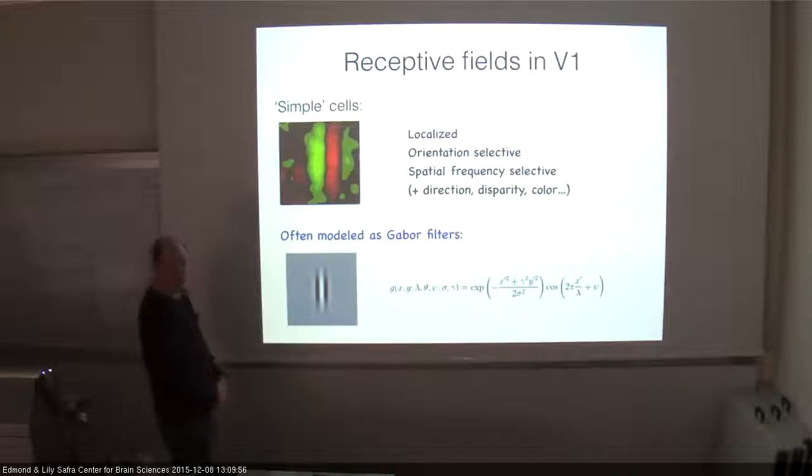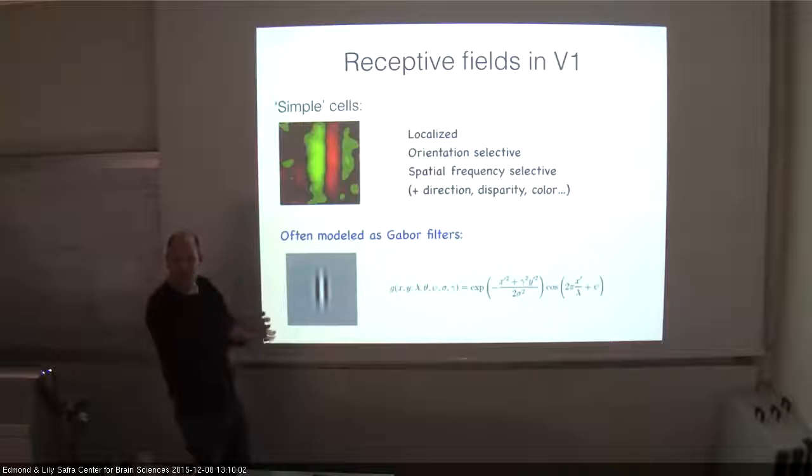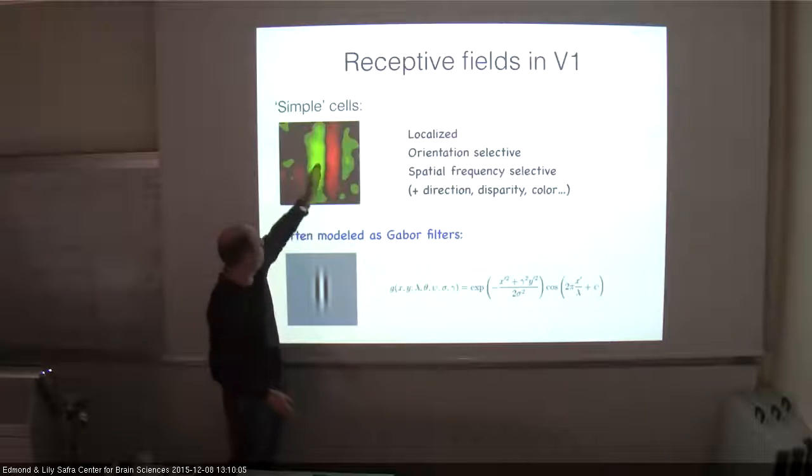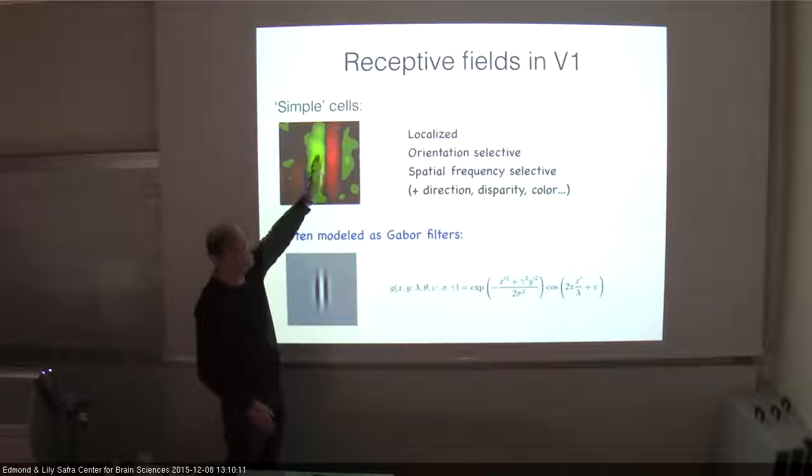One very characteristic aspect of receptive fields in V1 is this non-symmetry. They're not radially symmetric around some point. They have this elongated form, so this particular cell is sensitive to stimuli that have a particular orientation, like bars.